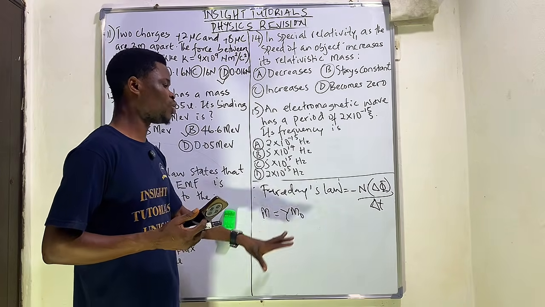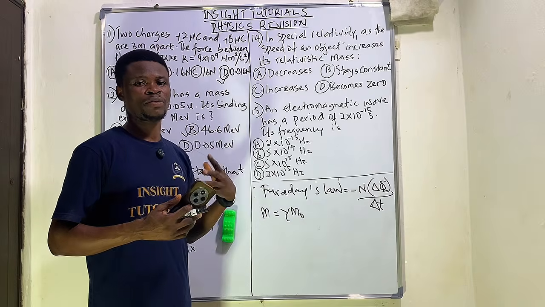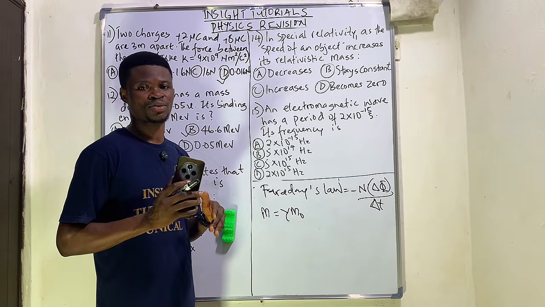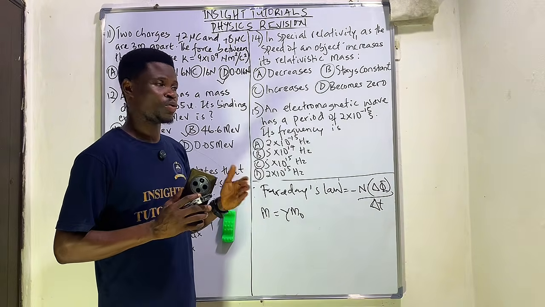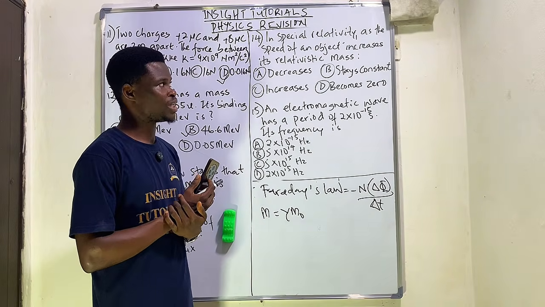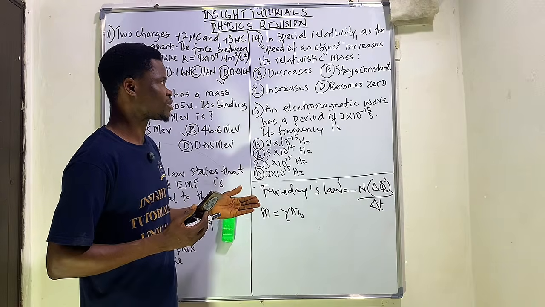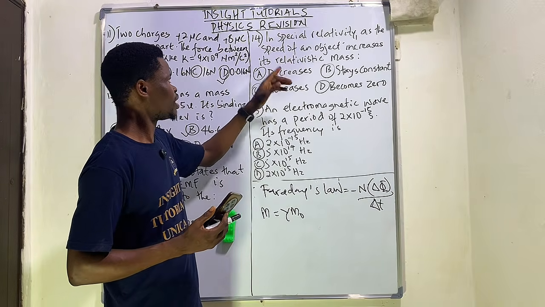Now, remember in the Lorentz factor, one of the factors used to calculate it is the speed of that particular object. So if you increase the speed of the object in special relativity, you are increasing the Lorentz factor.